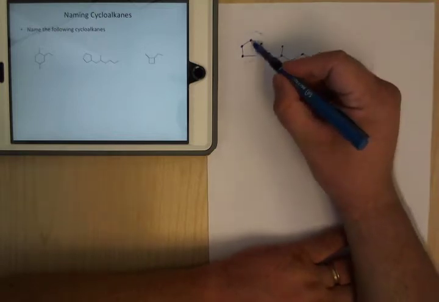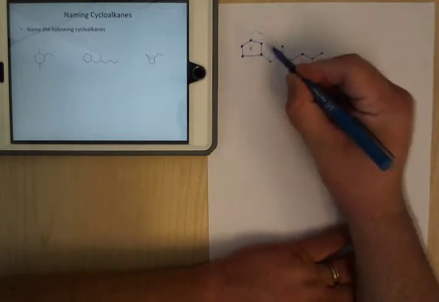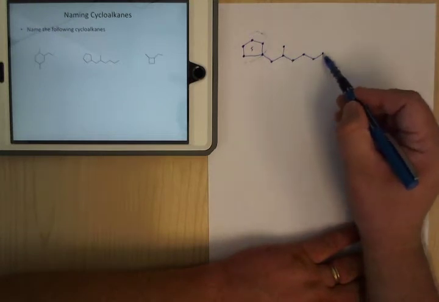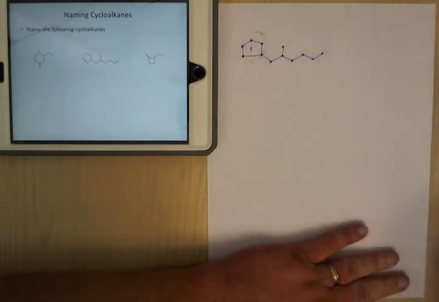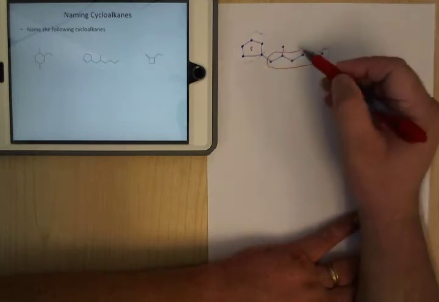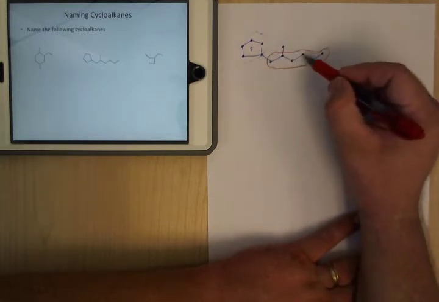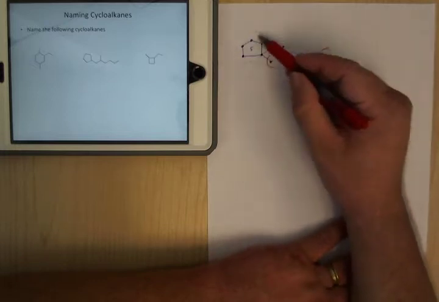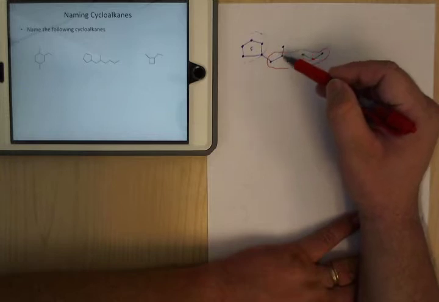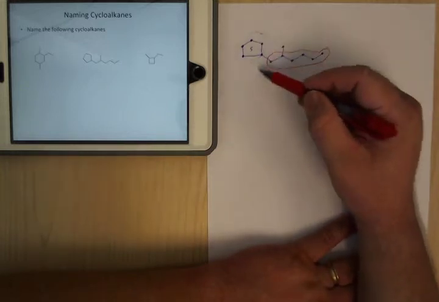So here we go. This one is 1, 2, 3, 4, 5 around. But this one here, if you go 1, 2, 3, 4, 5, 6, so I can make a longer chain like this. Now, you could technically go 1, 2, 3, 4, 5, 6, but it's easier to name it like this, have these two be separate side chains, than name this one giant side chain.